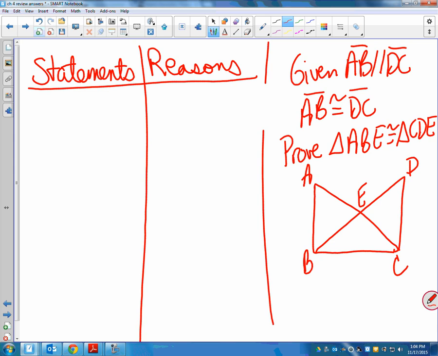Every time I write a proof and I write something given, if it's not marked on the picture, I mark it on the picture. Because I want to see. If I'm trying to prove triangles congruent, I'm trying to prove side, side, side. Angle side angle. Angle side.